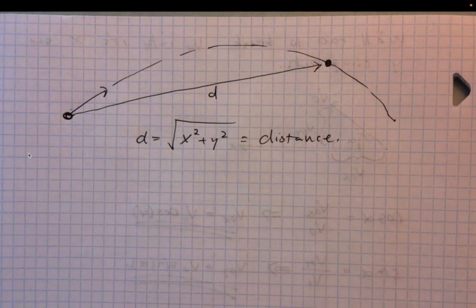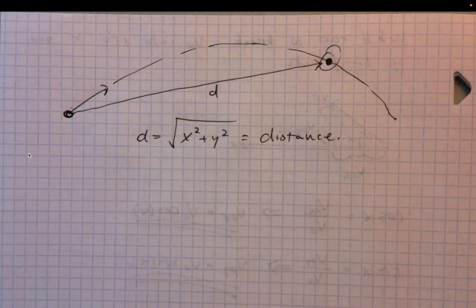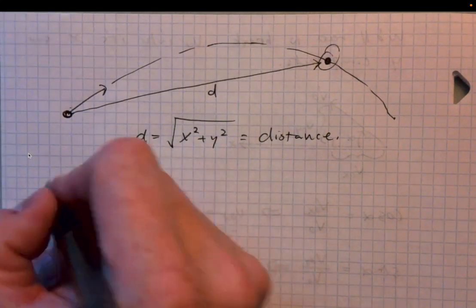Another thing that we'll wonder about is the speed of the projectile. So at any given point in the trajectory, there's some speed, right? The object's velocity has magnitude and direction, but there's also just a speed. So what's the speed of the projectile? And that, of course, is given by the magnitude of the velocity vector.